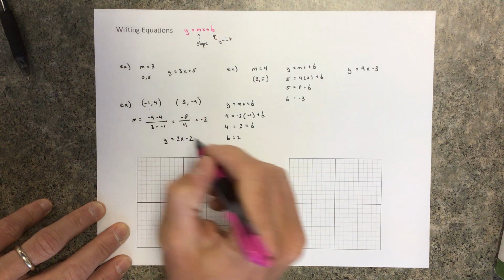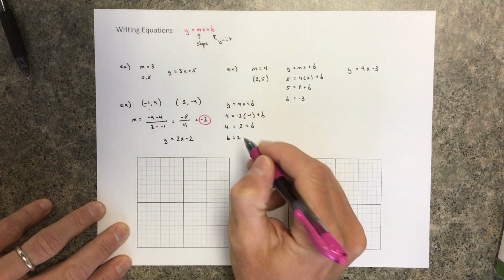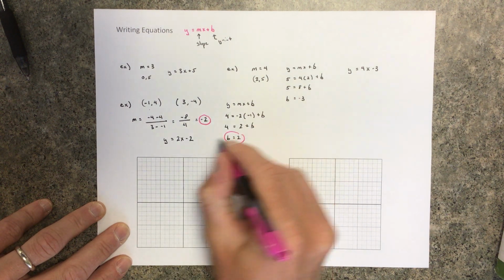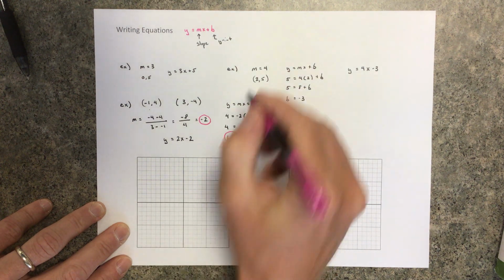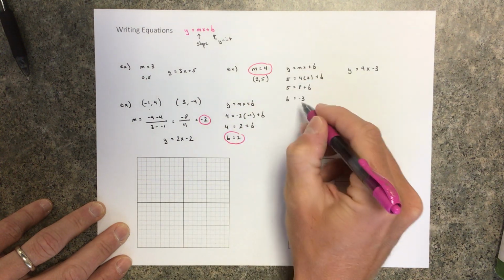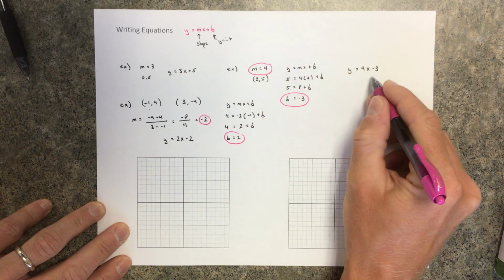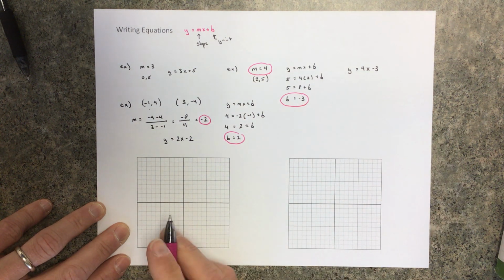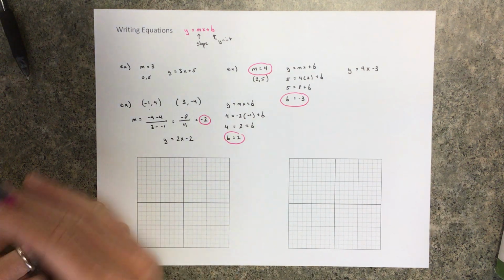Again, once you have the slope and the y-intercept, you can write the equation of the line, just like I did here. I knew the slope and I found the y-intercept. Then I can write the equation of the line, right? Once you know those two quantities, again, this is the easiest way.